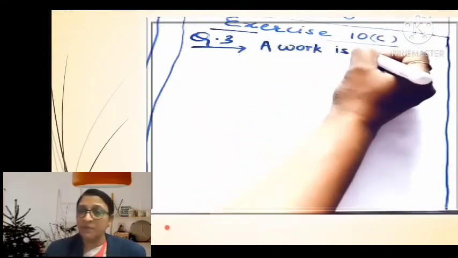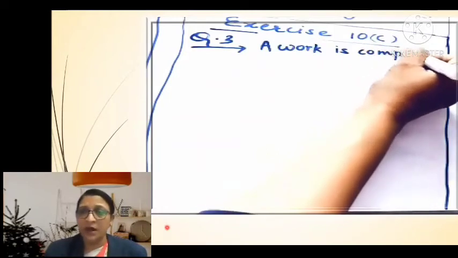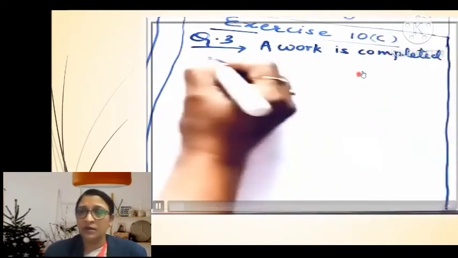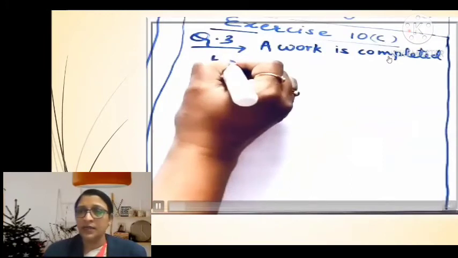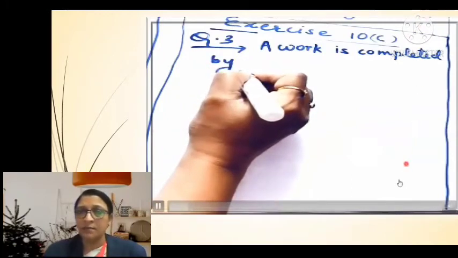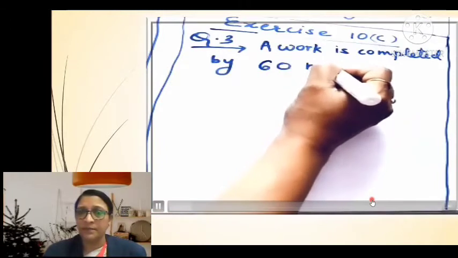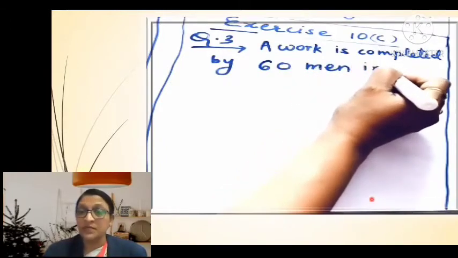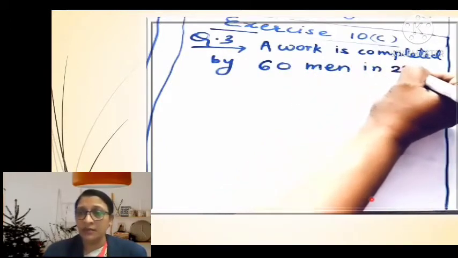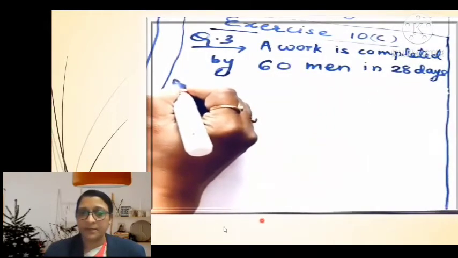The first step, we will write: a work is completed by 60 men in 28 days.